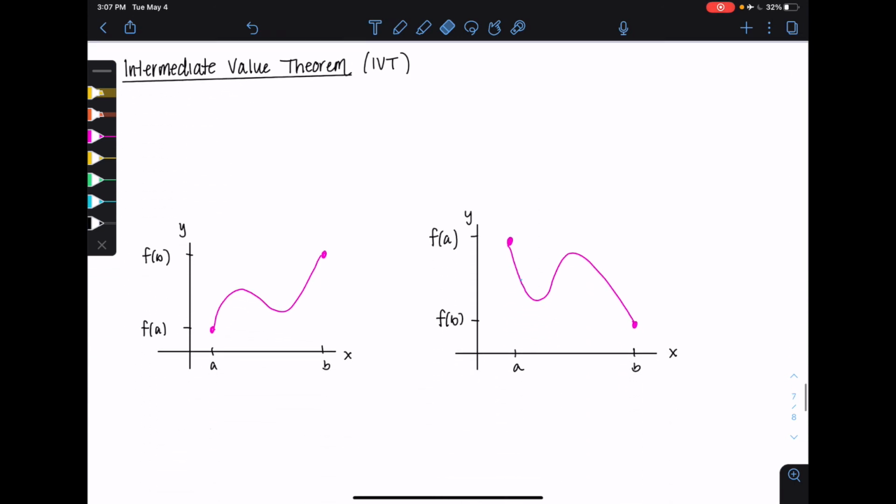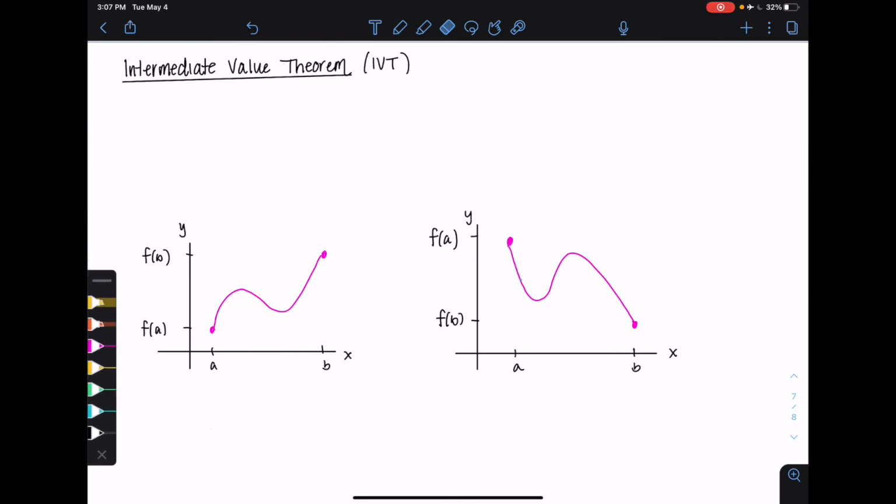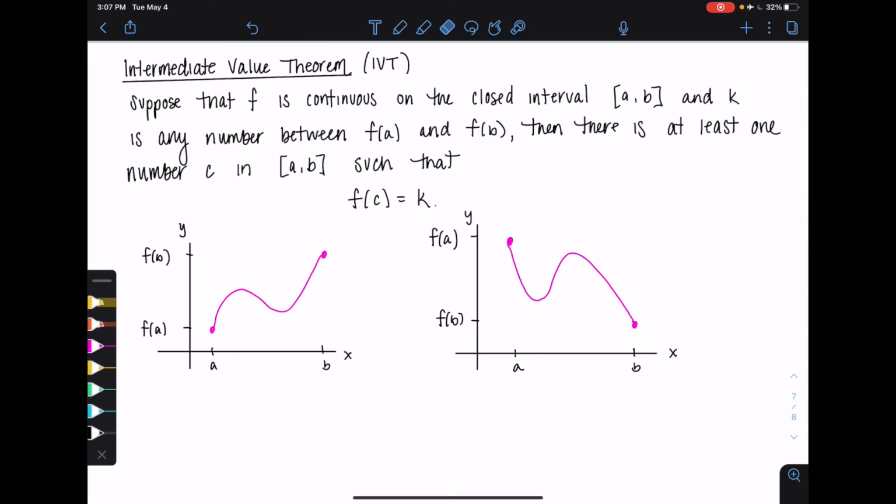So the last thing we have to talk about is something that's really nice that results from continuity. And that's our Intermediate Value Theorem, or you might just see it abbreviated as IVT. So what this tells us is, suppose we have a function that's continuous on a closed interval, keyword being closed. You have y values corresponding to these endpoints.